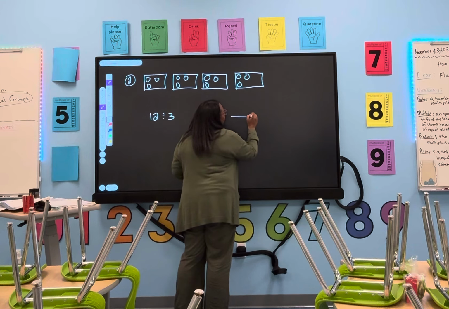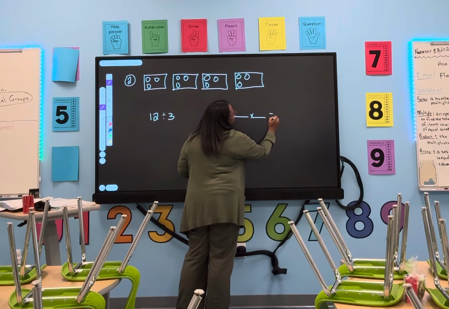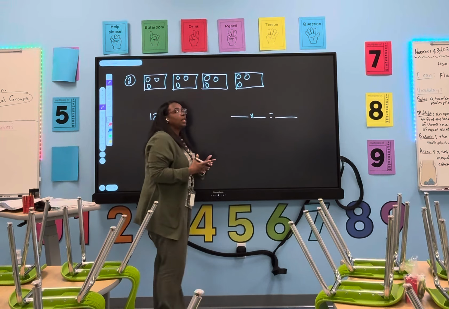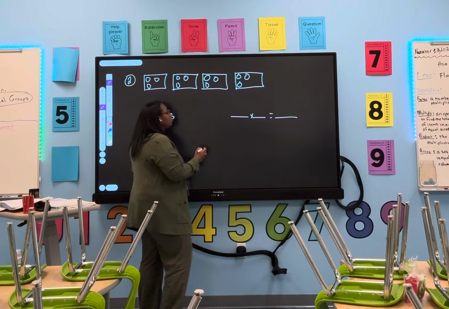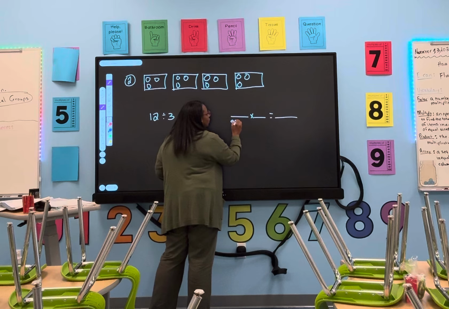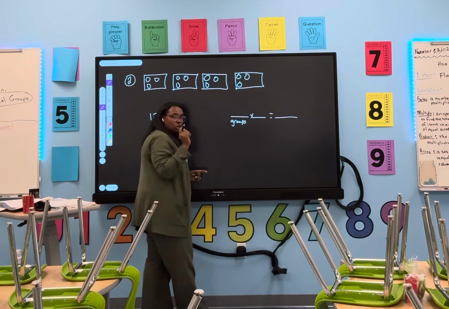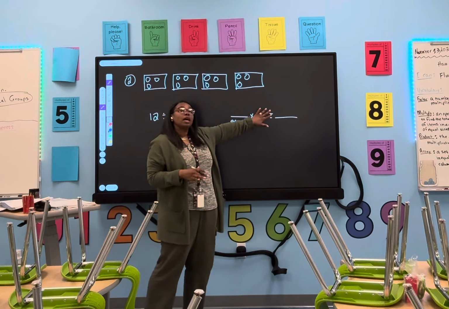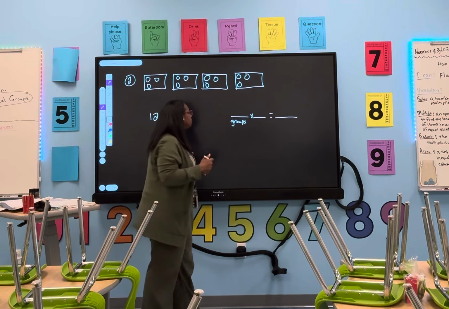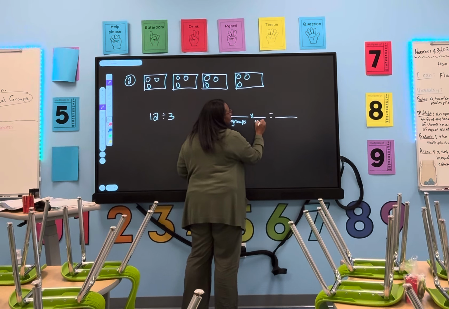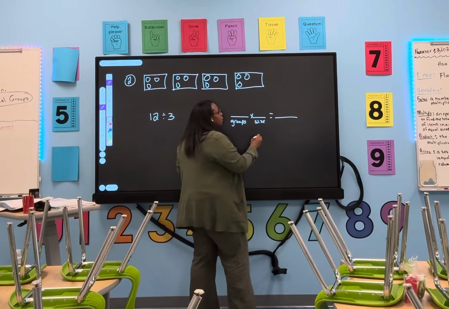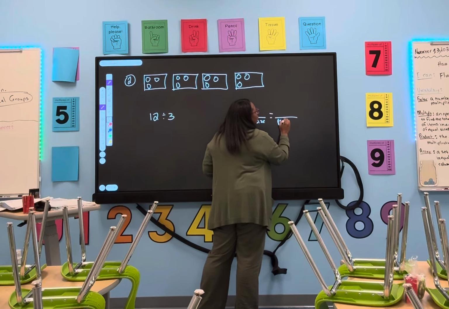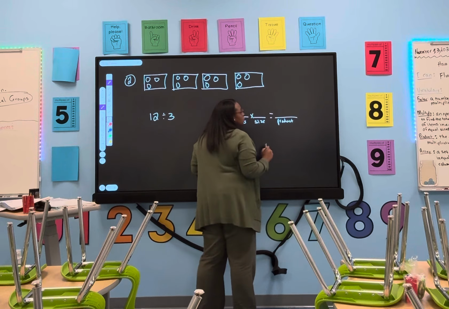When I wrote blank times blank equals blank, I told you that if you are working with equal groups, then the first line would be your groups. If this brings back memories, it should. And then as I told you, the second line would be your size of each group. Then I told you the last line was your total or the product. Now this is what we did when we were working with equal groups.